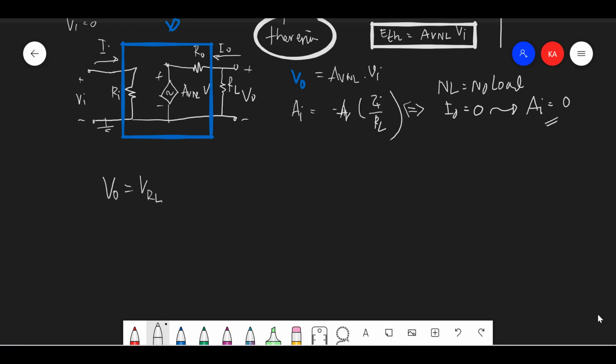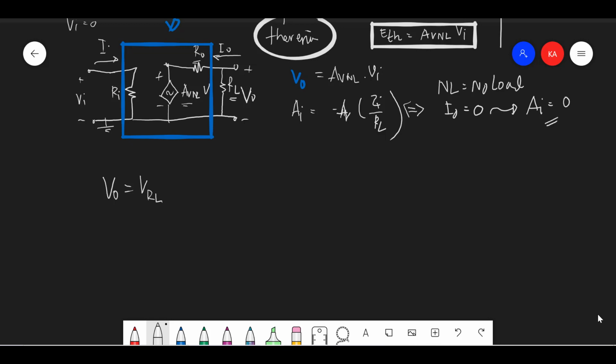This is the parallel connection. So we have to calculate the voltage divider in this case, because we have two resistors here. The first one is RL and another one is RO, and then our input source is AVNL·VI.